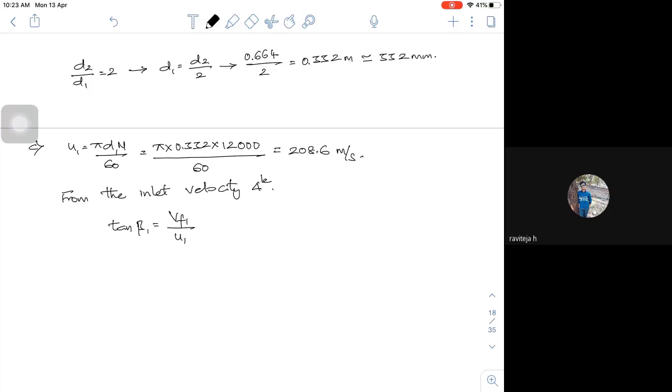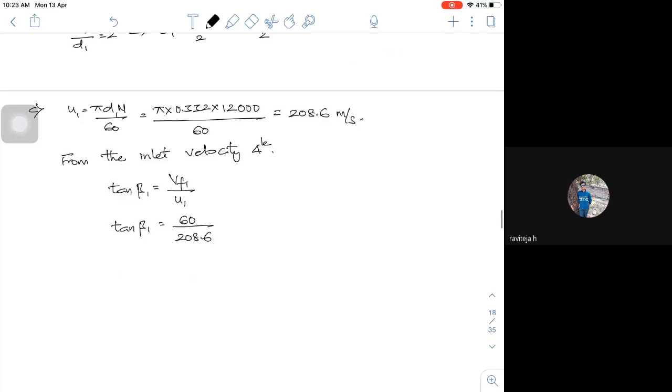So tan beta 1 is equal to 60 divided by 208.6. So beta 1 is tan inverse of it. If I take it, I'll be getting roughly beta equal to 15.98, so roughly around 16 degrees. I can round it up to 16 degrees.